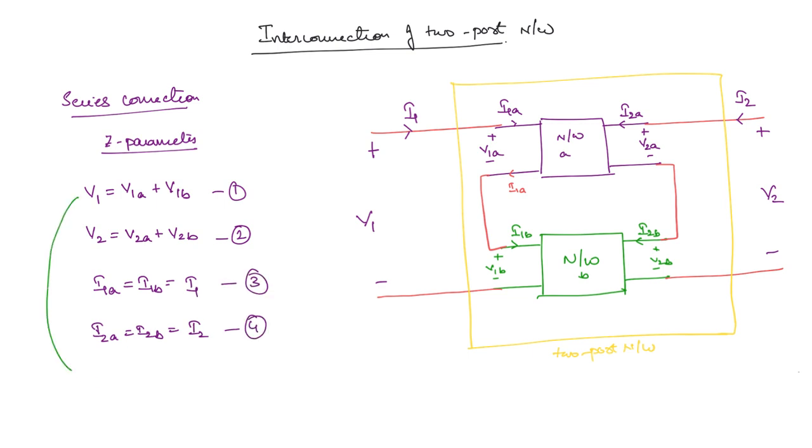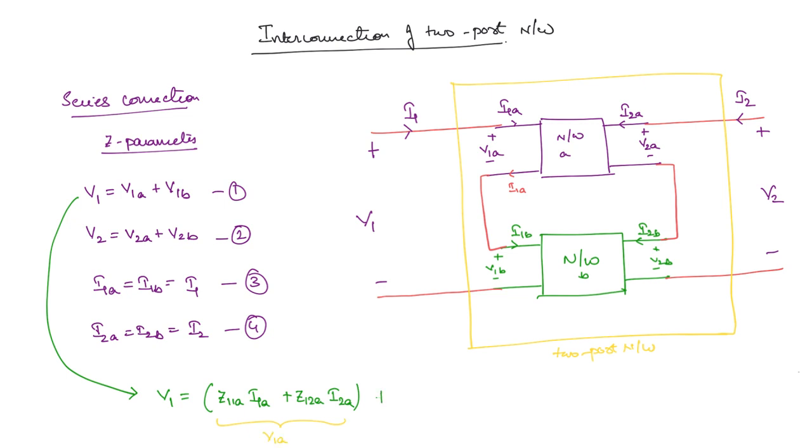Now if you take the first equation, what will you get? V1 is equal to V1A. You can write in terms of the two-port parameters of network A. Okay. So this will be Z11A, we will take subscript A to represent the network A, into I1A plus Z12A into I2A. Now this is the expression for what? V1A.